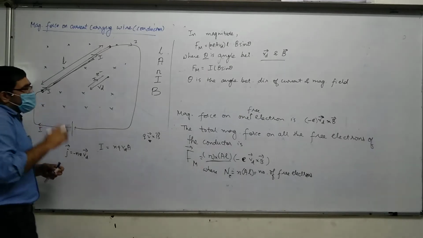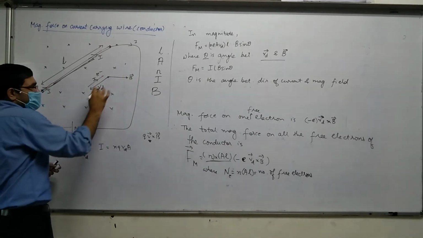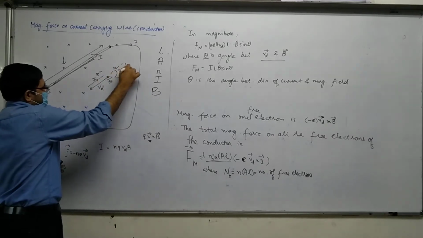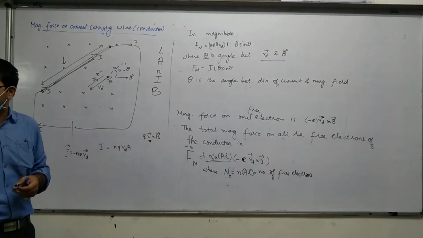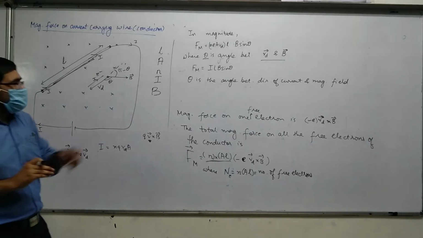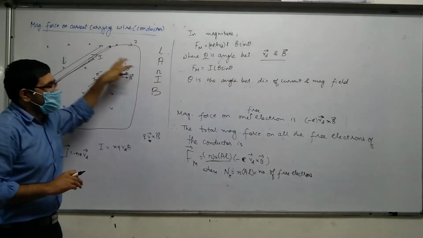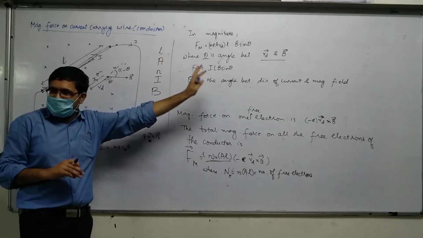Suppose B is on this side, it makes no difference. Reason: if this angle is theta, the remaining angle is pi minus theta, and you know sin(pi minus theta) and sin theta are the same. Whichever it is, this will always work. Did you understand? These are all nuances, so do not go into so much detail. This is how it's going to work, right?